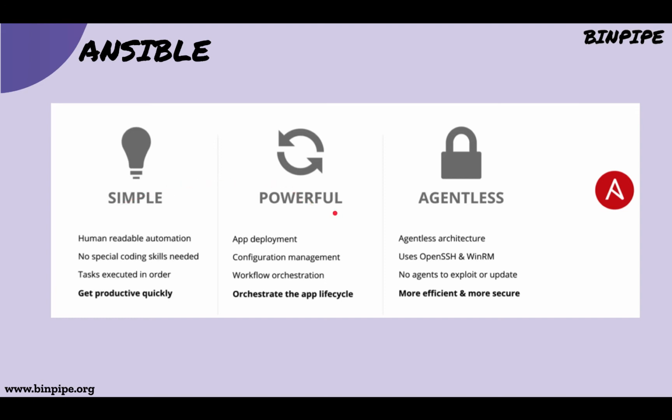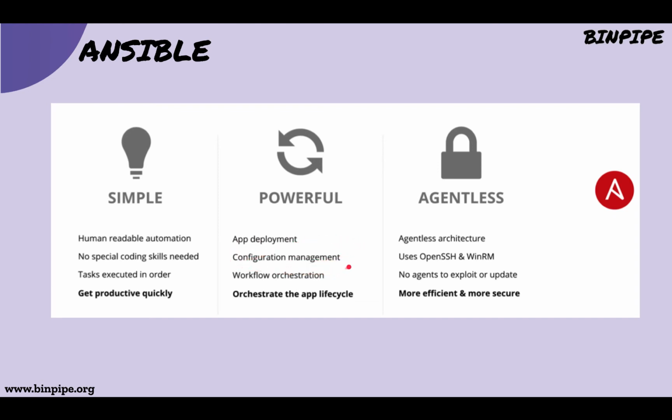Next advantage is that it is very powerful. It allows you to deploy applications, change configurations, orchestrate workflows, and so on. By app deployment, an example can be you want to deploy a Netdata monitoring tool across 100 servers. Ansible can do that.